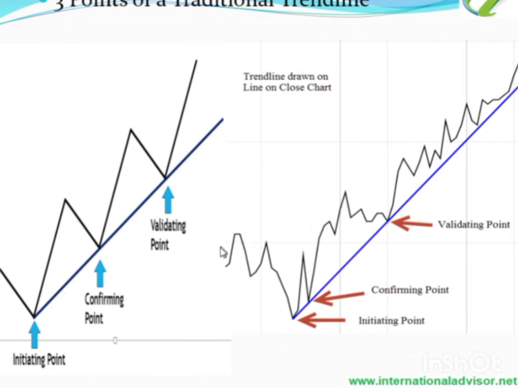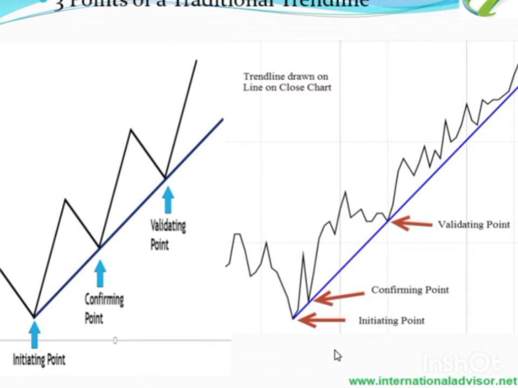So, as per a traditional trend line, we need to have 3 points. The first point is called the initiating point, which is the pivot point where we basically started the trend line. Then the second is the confirming point, and the third is the validating point.